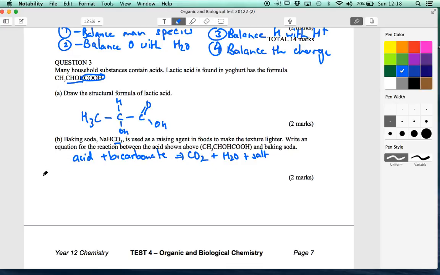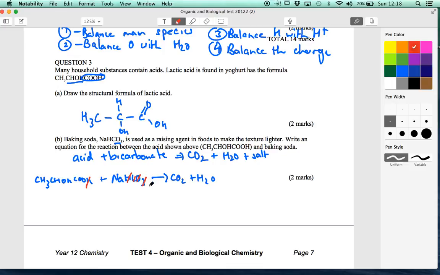So let's look at our acid, which is CH3CHOHCOOH, plus my sodium bicarbonate. That's going to go to carbon dioxide and water. The way to look at what's left over is just to remove the carbon dioxide, which would be the CO2, plus one more for the water: we get rid of the 3, and I'm going to get rid of my 2 H's there for the H2O.